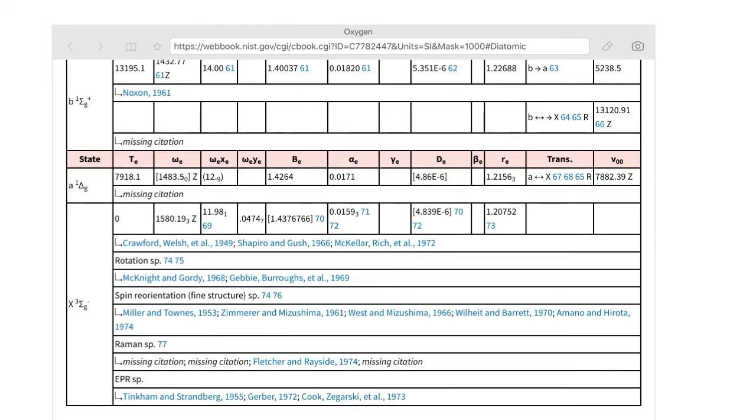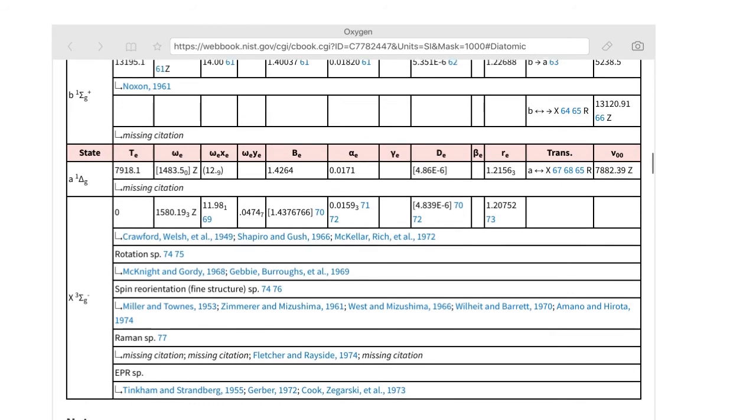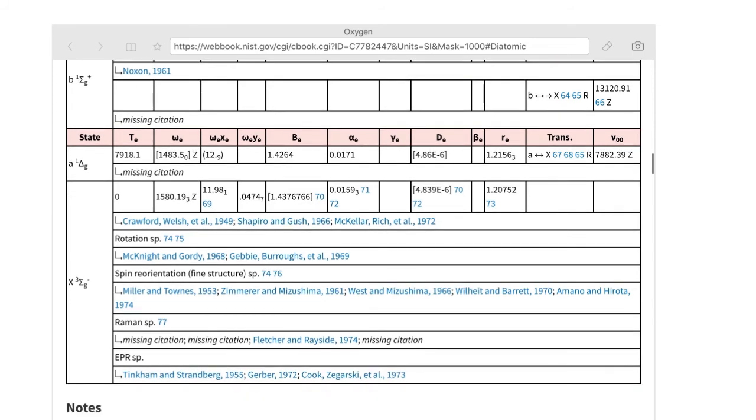We see the harmonic frequency, the first correction, the second correction, for the omega E, omega E X E, omega E Y E. And then you see some other data given here as well. The hyperlinked numbers are references. The subscripted number is the plus minus value in the last digit.